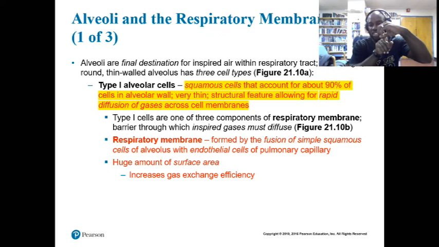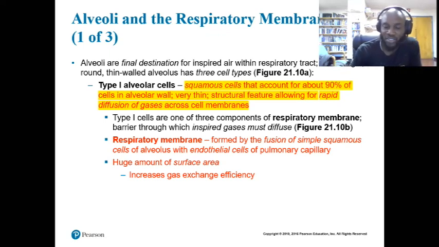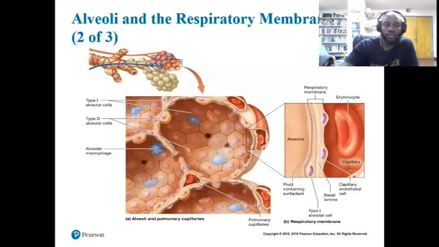You want the oxygen to go from the alveoli to the capillary and the carbon dioxide to come back through, as quickly as possible. So you need that to be very thin, with much space for that to happen. They have a circular shape, so they have a huge surface area.